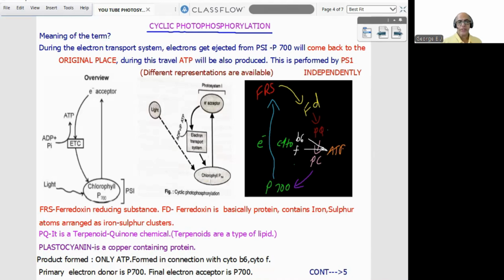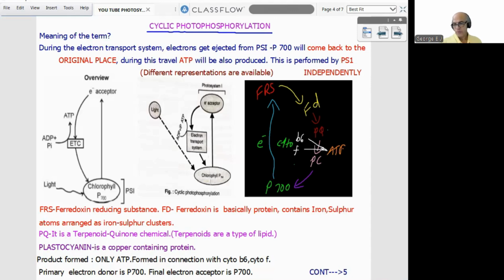So during ETS, electrons get ejected from PS1, that is P700 wavelength absorbing chlorophyll, and come back to the original place after absorption and excitement of electrons. During this travel, ATP will also be produced. And this is performed by PS1 since it is concerned with P700. In cyclic, PS1 is able to do it independently.